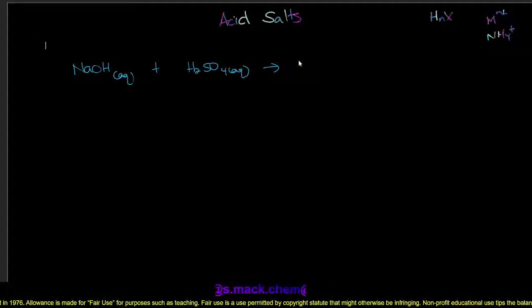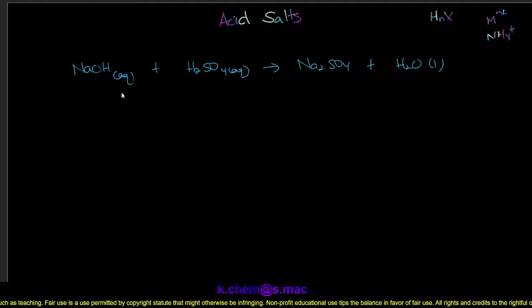We would expect a normal salt to be formed when all of the hydrogen ions in the acid have been replaced by metal or ammonium ions. So our normal salt to be formed here would be sodium sulfate.